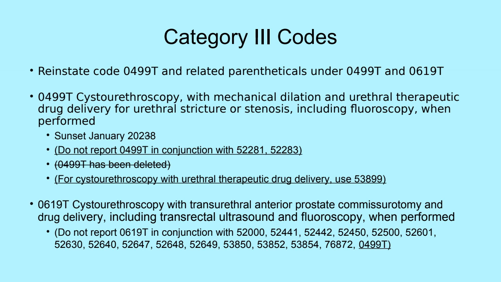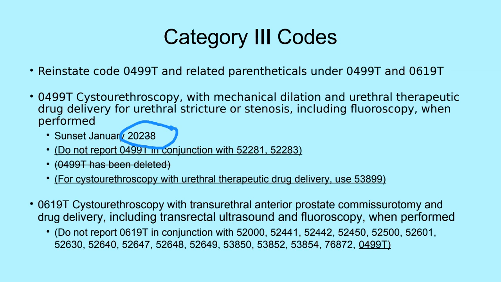What's interesting is that previously it had its sunset in 2023, which is why it was deleted. That is now 2028. This is when the code will be moved out of category 3 and either moved into the regular CPT codes or just deleted altogether. So it used to be 2023 and now it's 2028.